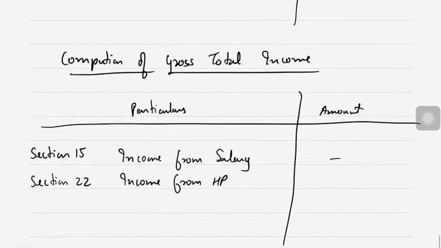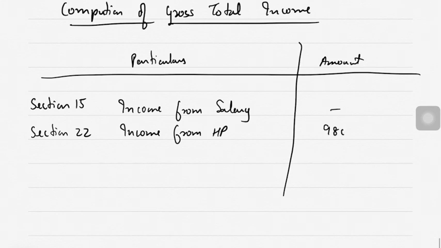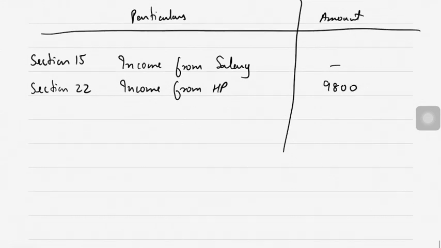So income from house property you have calculated 9,800. Then section 28, income from business.